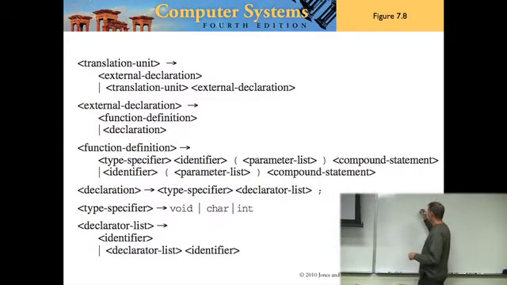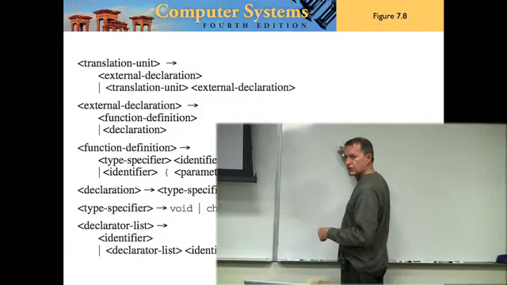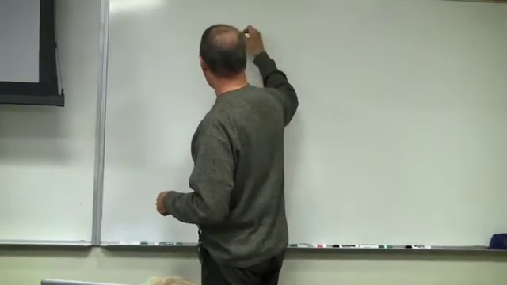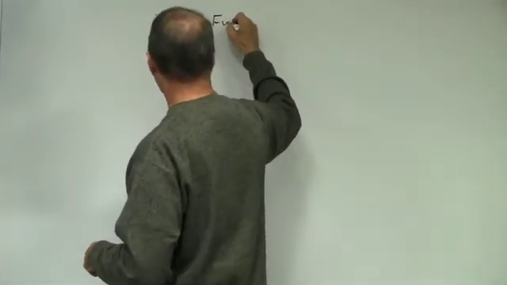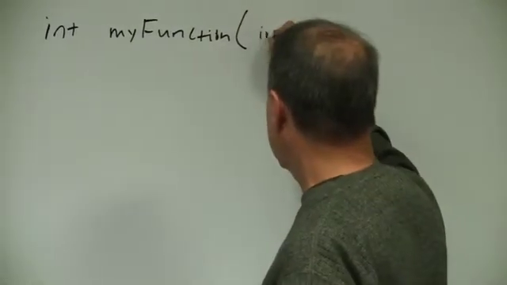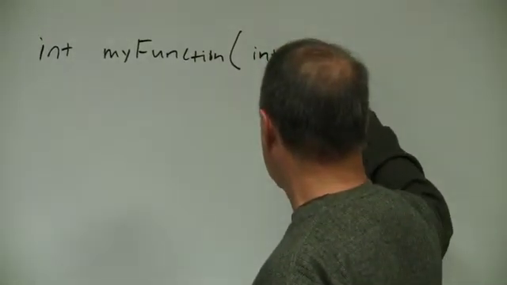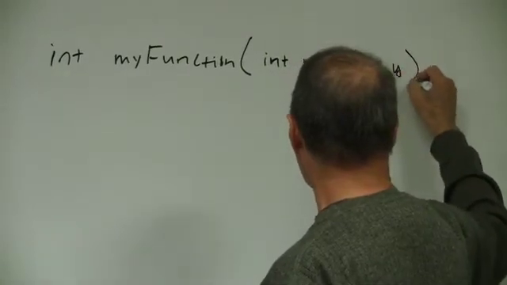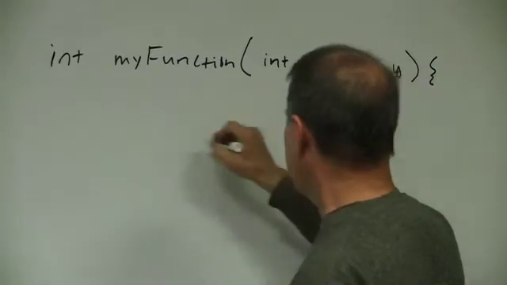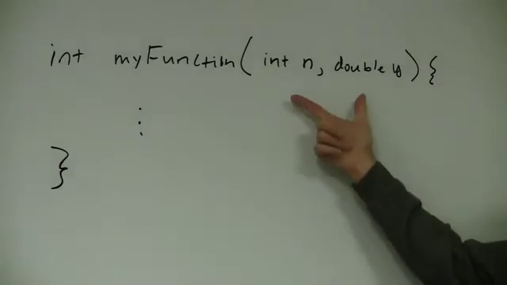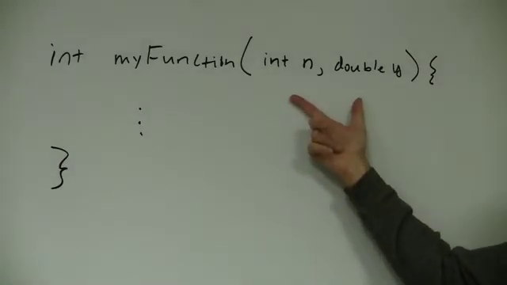Whenever you have a function, suppose it's int my function, and then in the parentheses you might have something like int n, double y, etc. Now, what parameter list is this? Is this the actual or the formal? That's the formal parameter list, right?